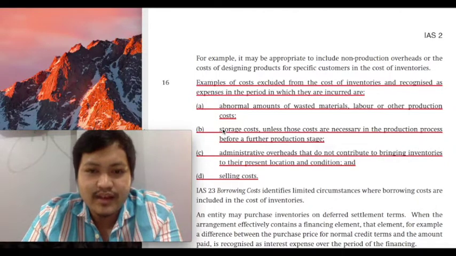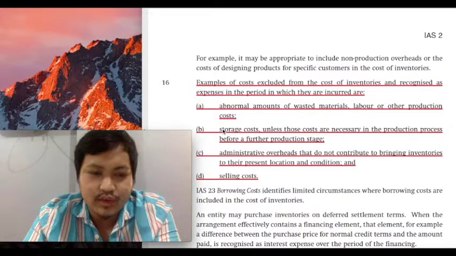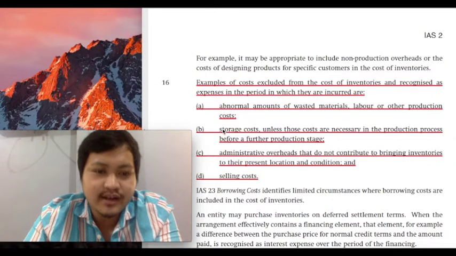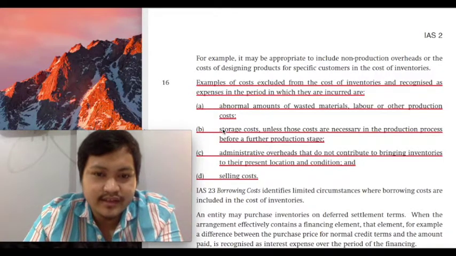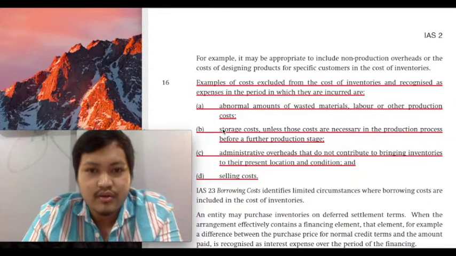And that is why, class, the examples given in the standard are not examples of costs that will qualify as directly attributable costs, but are instead those that will not qualify as directly attributable costs. They are not considered as necessary costs, and we will explain why.